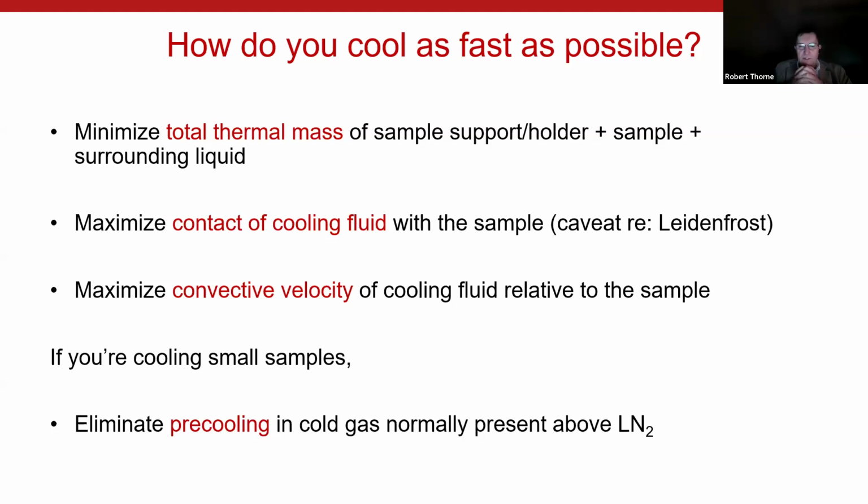And in the case of nitrogen, there's a lot of cold gas, invariably, at least a centimeter and often several centimeters of cold gas. And once your samples get below about 1 millimeter inside, actually most of the cooling can happen in that cold gas before the sample ever gets to the liquid nitrogen. And so it's really important when you're dealing with these smaller samples that you get rid of that pre-cooling.